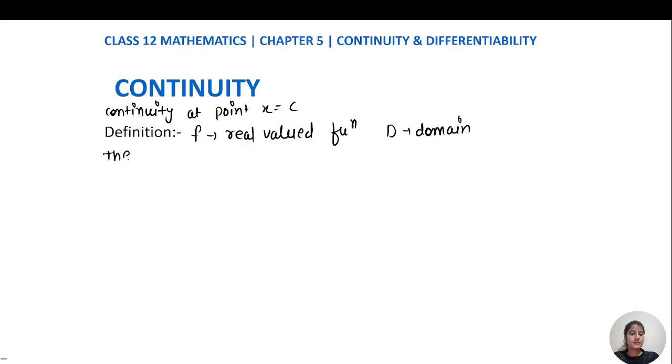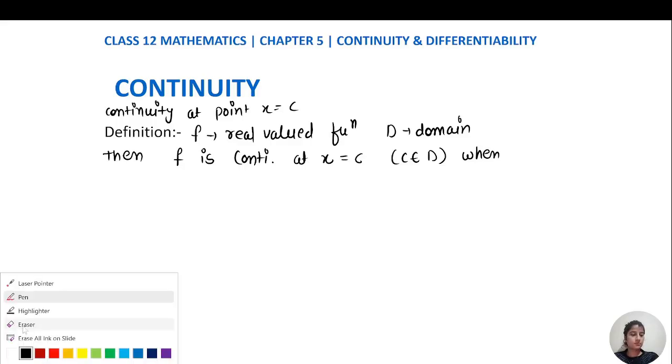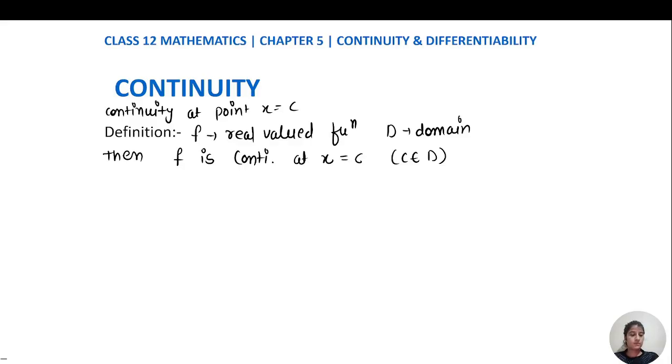Then we say our function f is continuous (I will write it in short form as CONTI) at x equals c, where c belongs to our domain, if the limit of the function at c, that is the limit as x tends to c of f(x), is equal to the function value f(c).